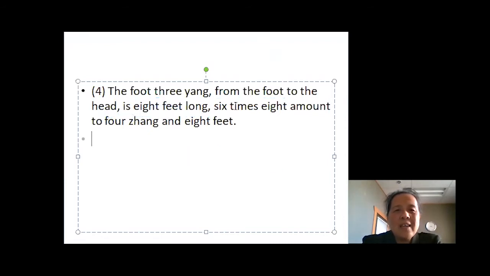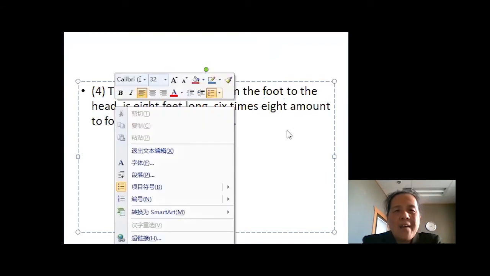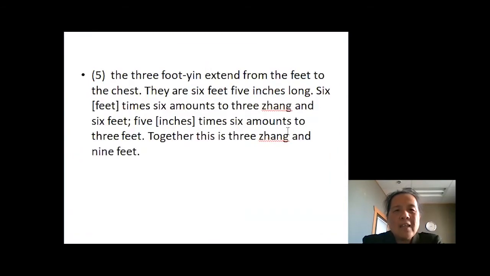And then we go to the 3 yin meridians on the feet, from the feet to the chest. They are 6 尺 5 寸 long. Inch means 寸.